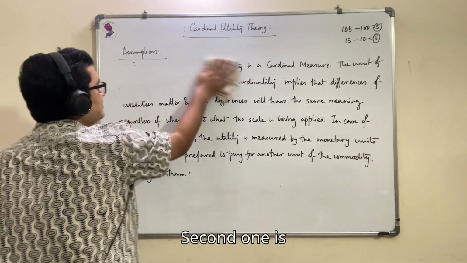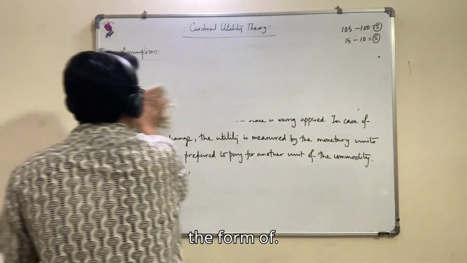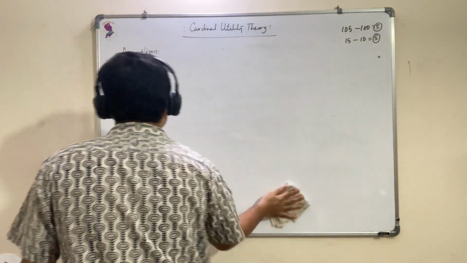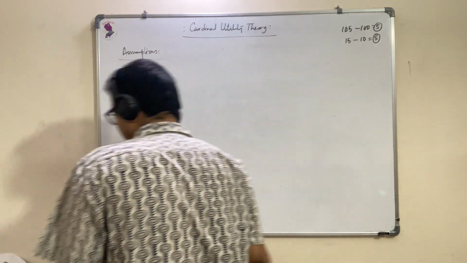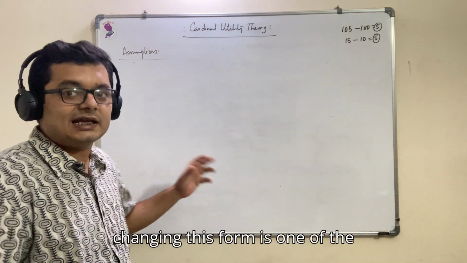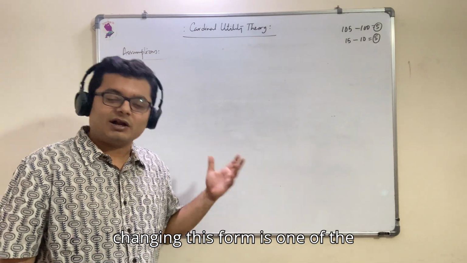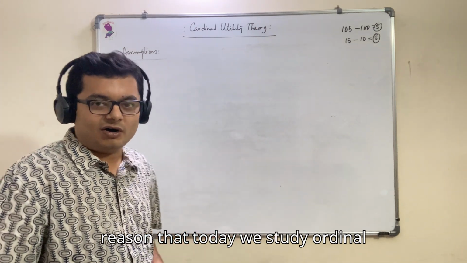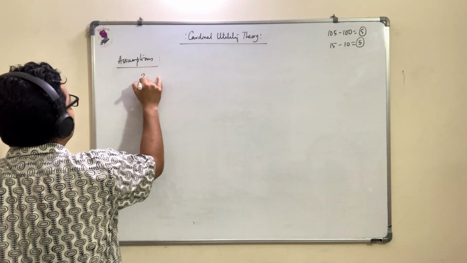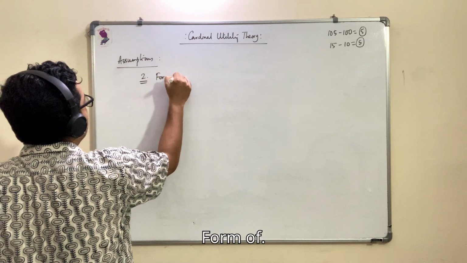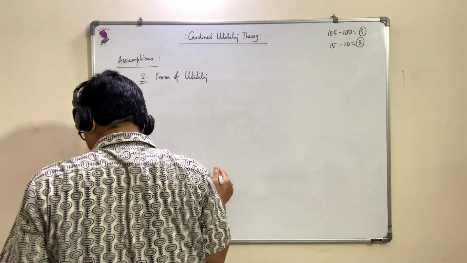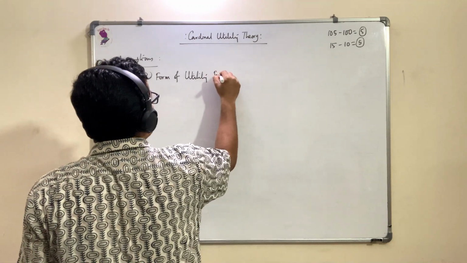The second one is the form of utility function. This is vital because changing this form is one of the reasons that today we study ordinal utility theory. Form of utility functions.